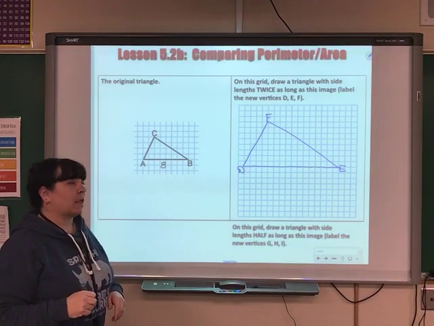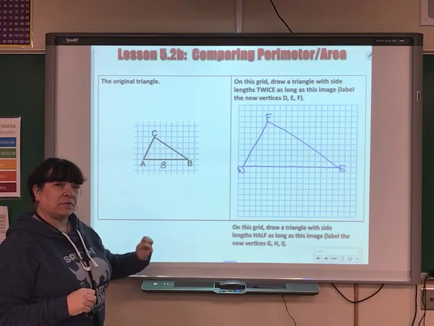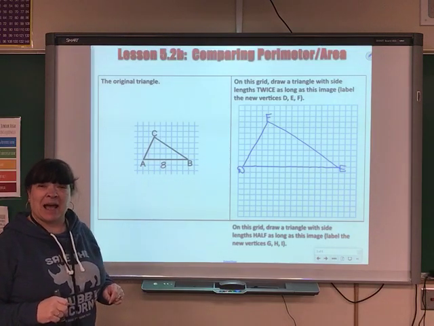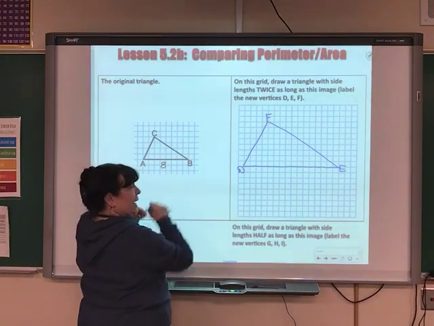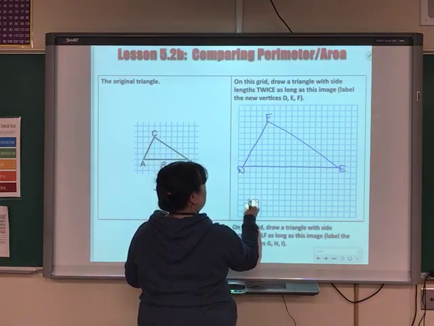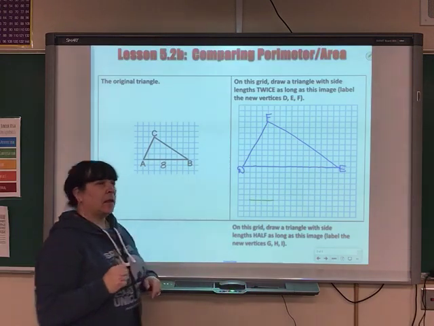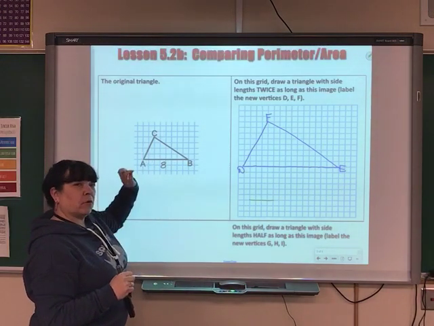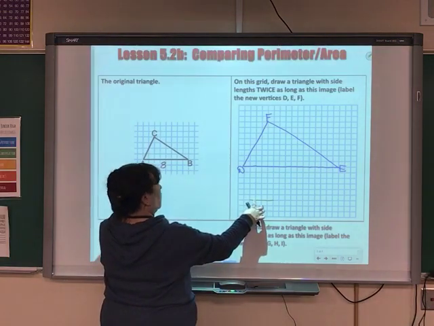Pretty simple. I'm going to also draw one half the size. That means I'm going to take them in halfway. So, since this was 8, I'm going to make a side that is only 4. Now remember, we said this was over 2 before it went up. I'm instead only going to go half of that, which is over 1.